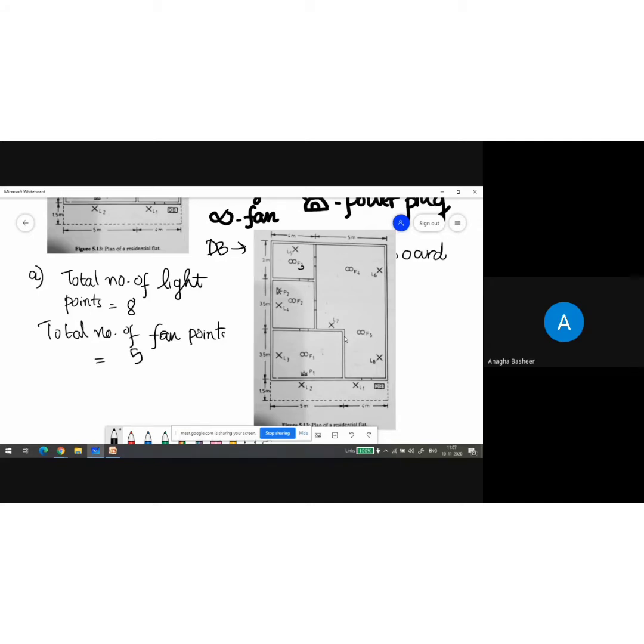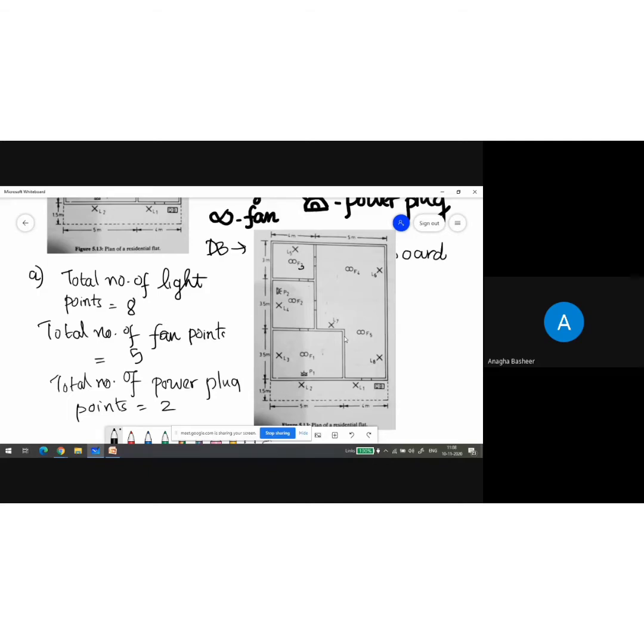So 5 fan points are there. Total number of power plug points. P1 and P2. So only 2 power plug points are here.